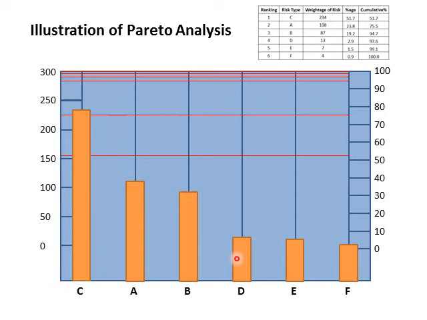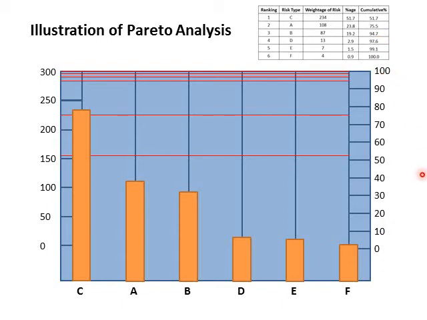D has weightage of 13. E and F have weightage 7 and 4. So this bar represents the weightage against each risk type. The right hand side of the y-axis represents cumulative percentage from 0 to 100.